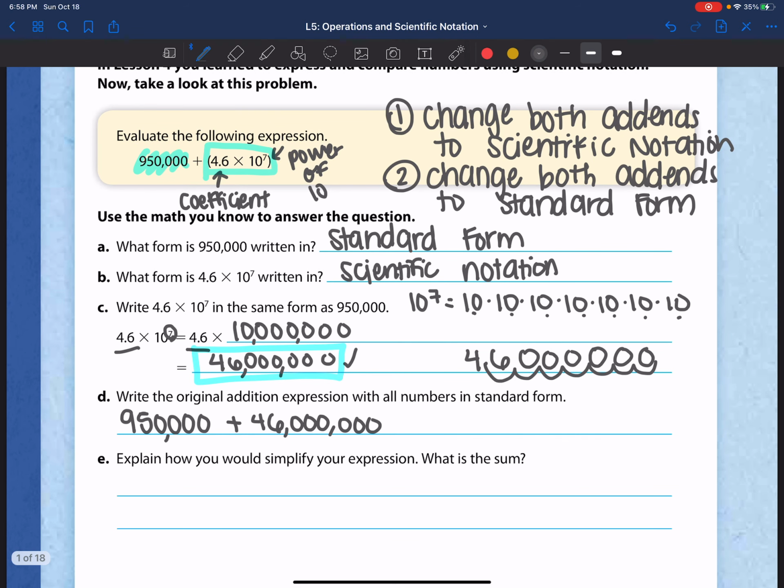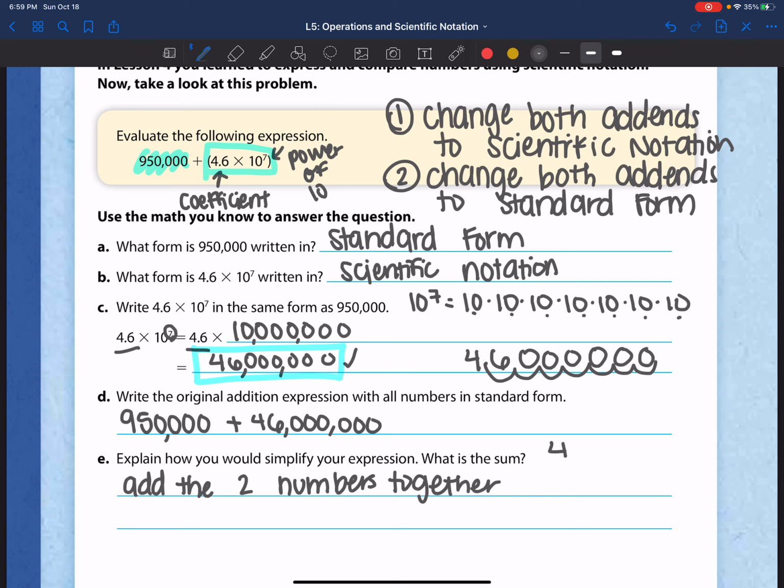E says explain how you would simplify your expression. What's the sum? All we would do to simplify this expression now is add the two numbers together. And so we'll do that.